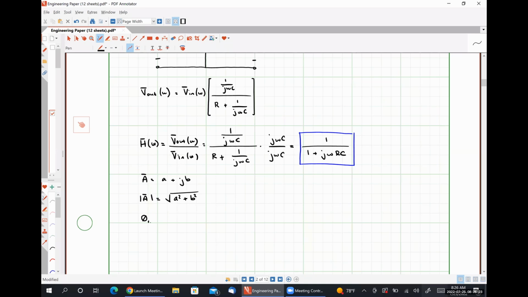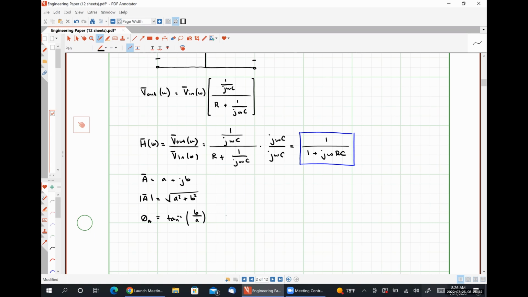And the phase angle of complex number A is given by the arc tangent of the imaginary part B over the real part A.